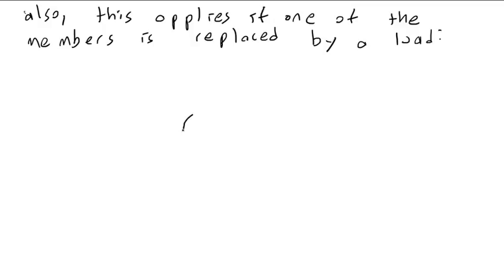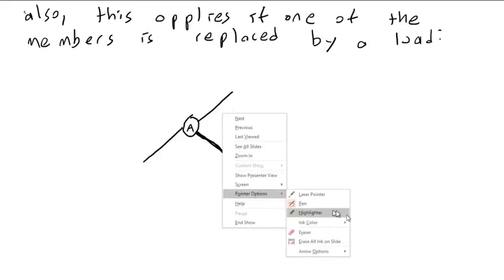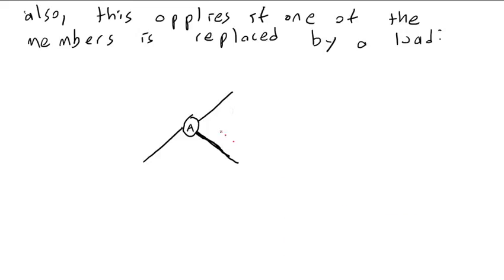So say we have a joint here again, and I have a member coming into it, a member going out of it, and maybe another member coming out of it, but then a load going into it. Load P.